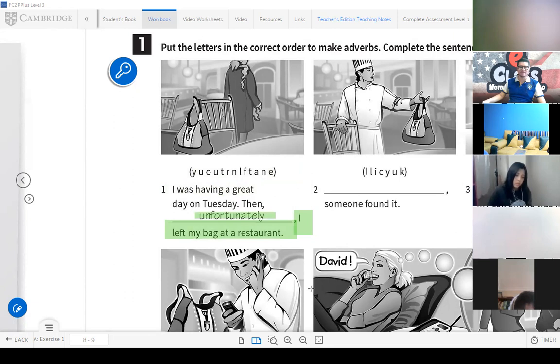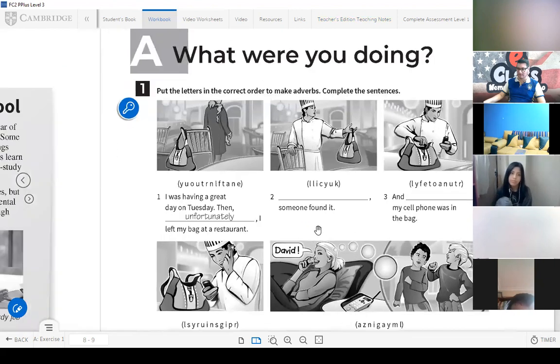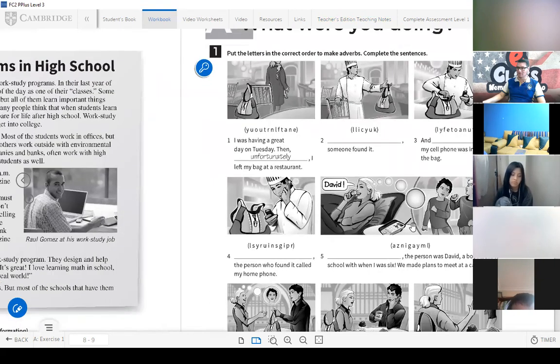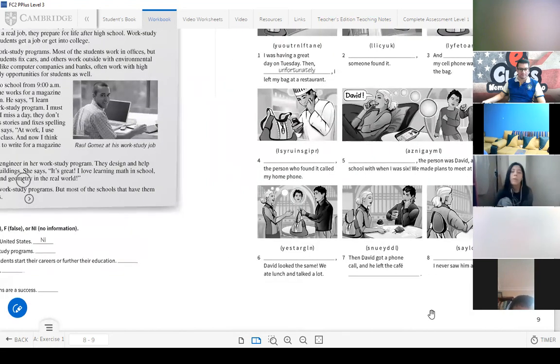Estuve pasando un día fantástico cuando desafortunadamente I left, ¿no? Olvidé mi bag at the restaurant. ¿Ya? And you have to complete the rest. Los demás de igual manera, ¿no? You order, vamos a ordenar las letras para formar los adverbs y los vamos a escribir en los espacios que tenemos ahí en blanco. ¿Ya?